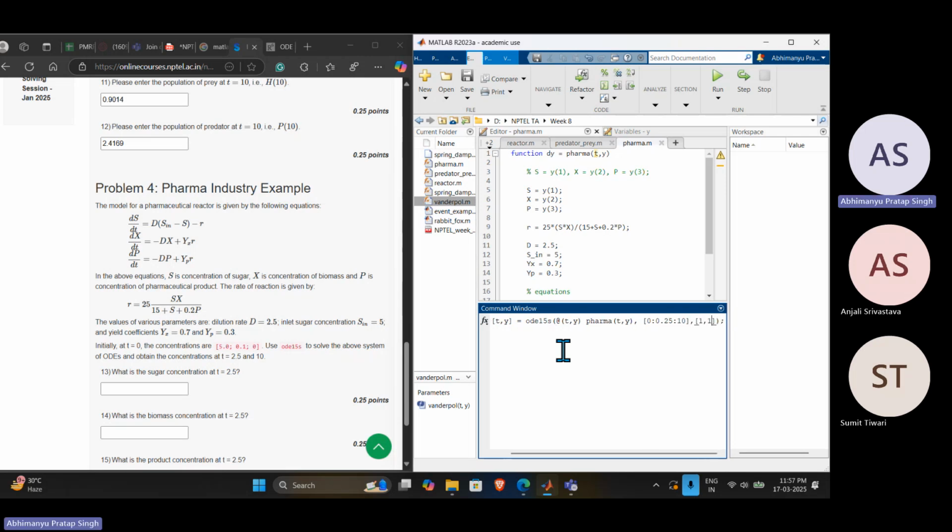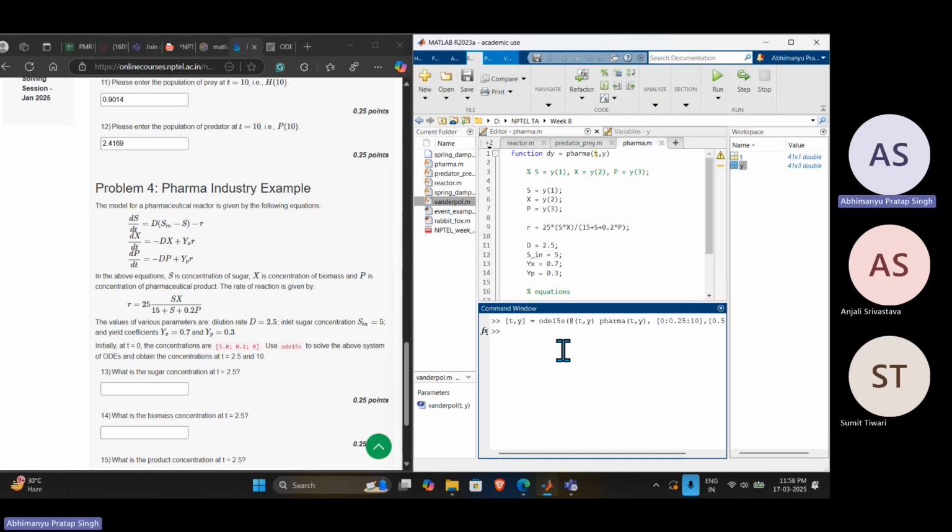The initial concentrations are given as 0.5, 0.1 and 0. Okay.